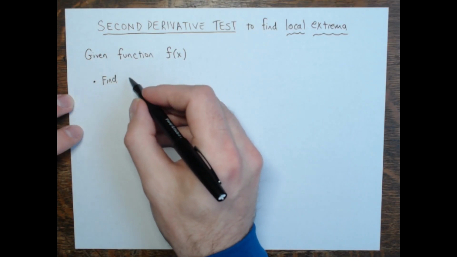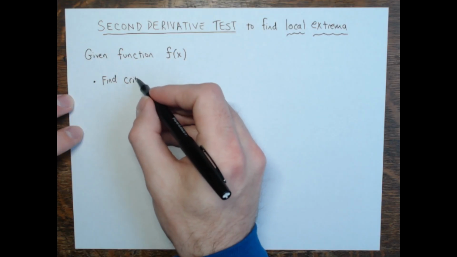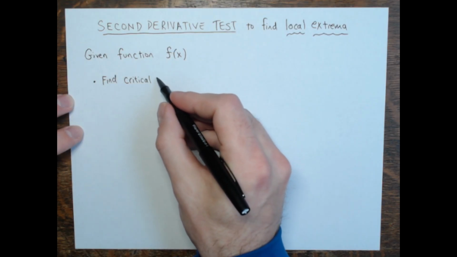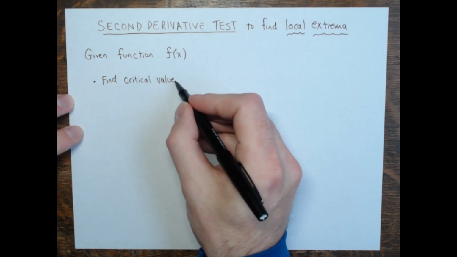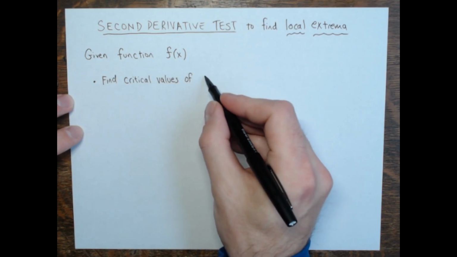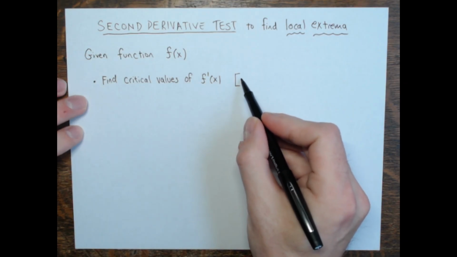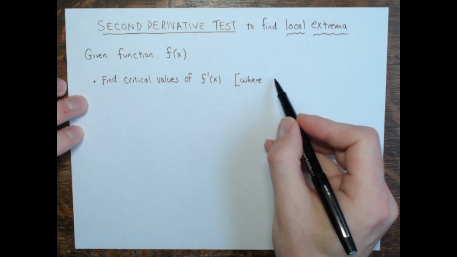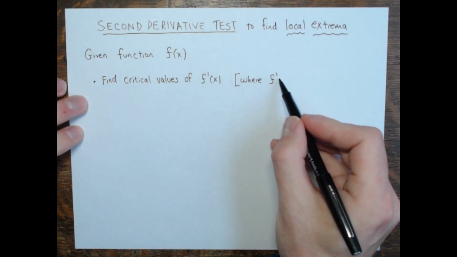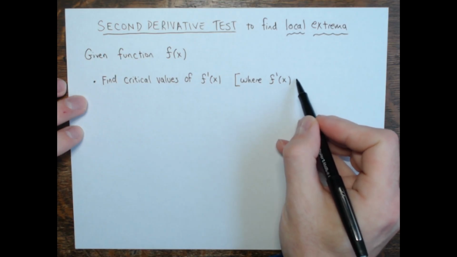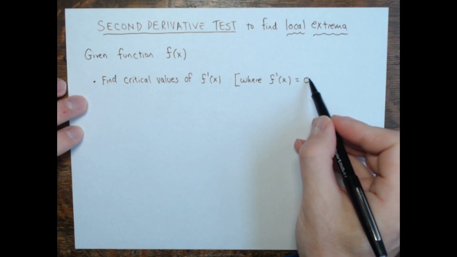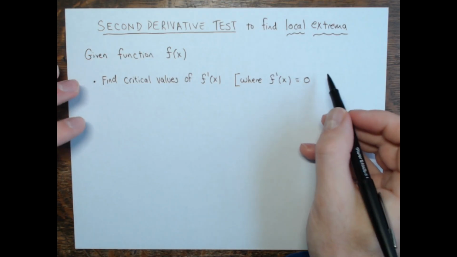first we're going to find the critical values of f prime, the critical points of the first derivative. So again, this is find out where f prime is equal to 0 or undefined.